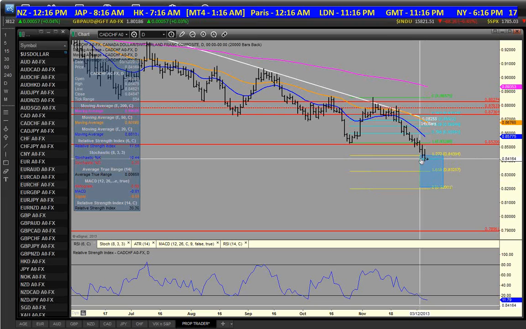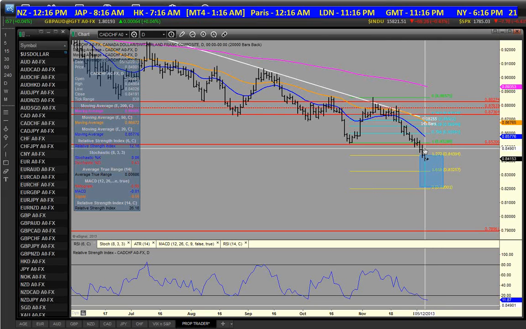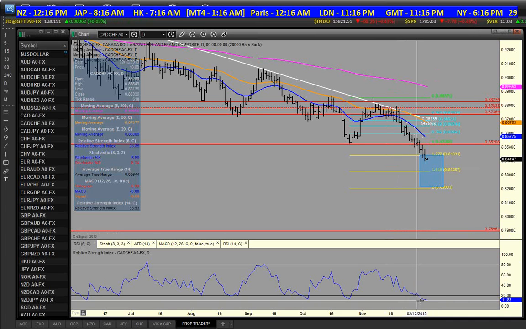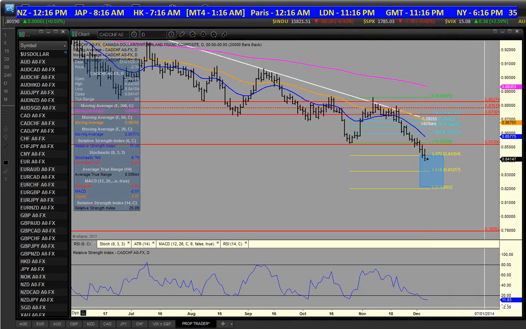So you've got 2 seller bars. You could have your stop above this now. Well, it should be above that horizontal there, worst case scenario. And it's still running. It is well overdone, and it'll probably turn in the next couple of days, but we need to wait and see that first.